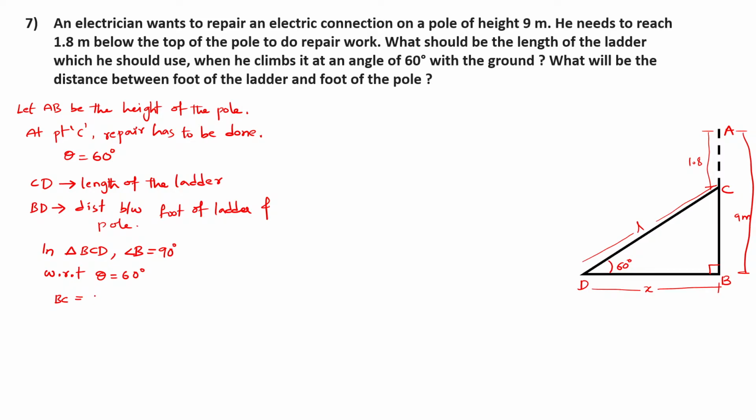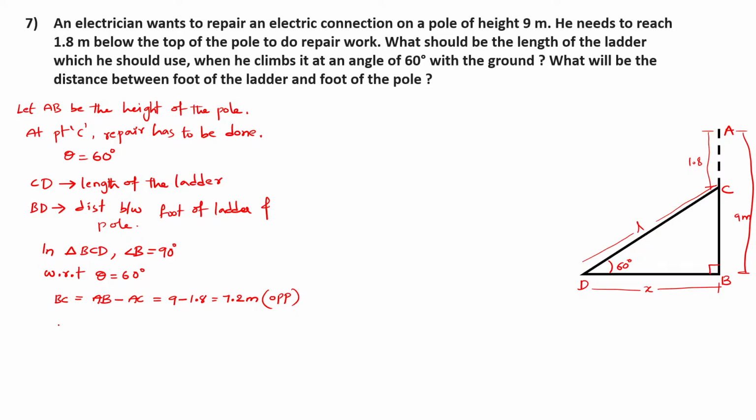BC is nothing but, from the figure, total length is AB, from that repair is AC, so we get 9 minus 1.8 is 7.2 meters. So this becomes the opposite side to the acute angle.